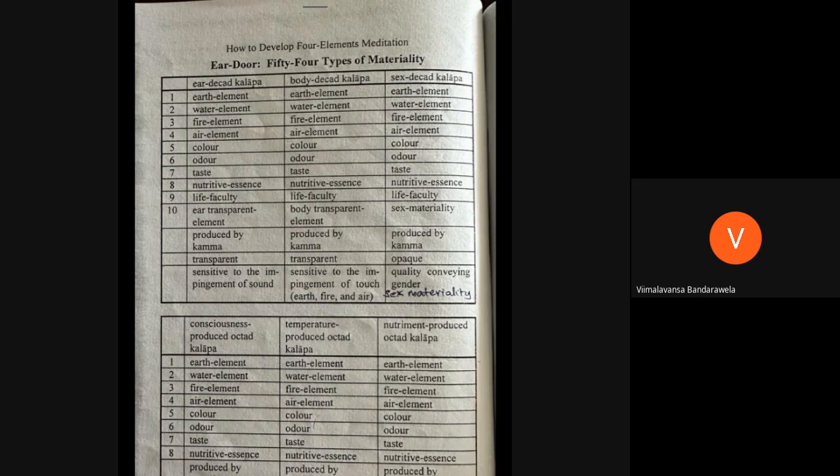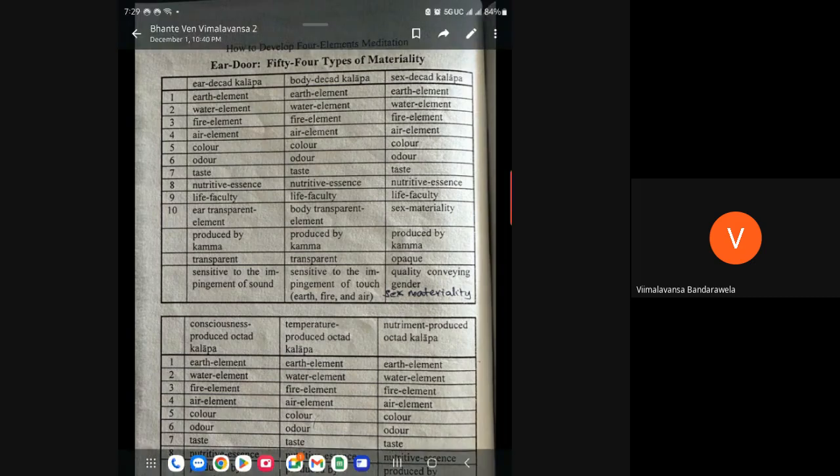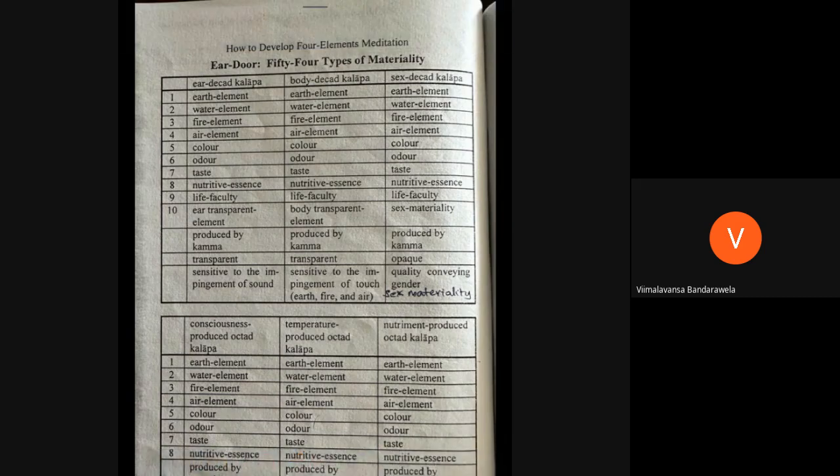You can see aharaja rupa kalapa, octad rupa kalapa, multiple uncountable ahara rupa kalapa produced by the ahara, the food in the stomach. So those ahara rupa kalapa very quickly spread or pervade towards the ear door.